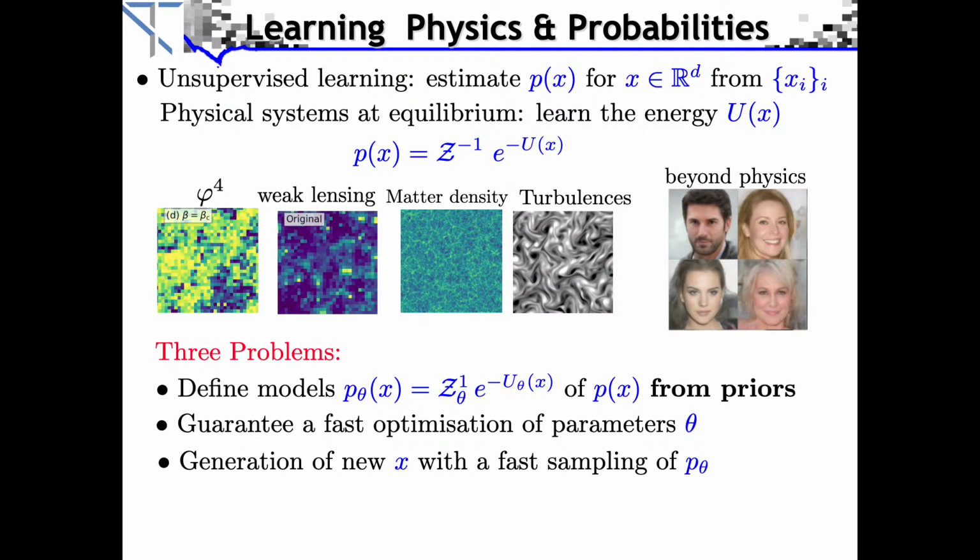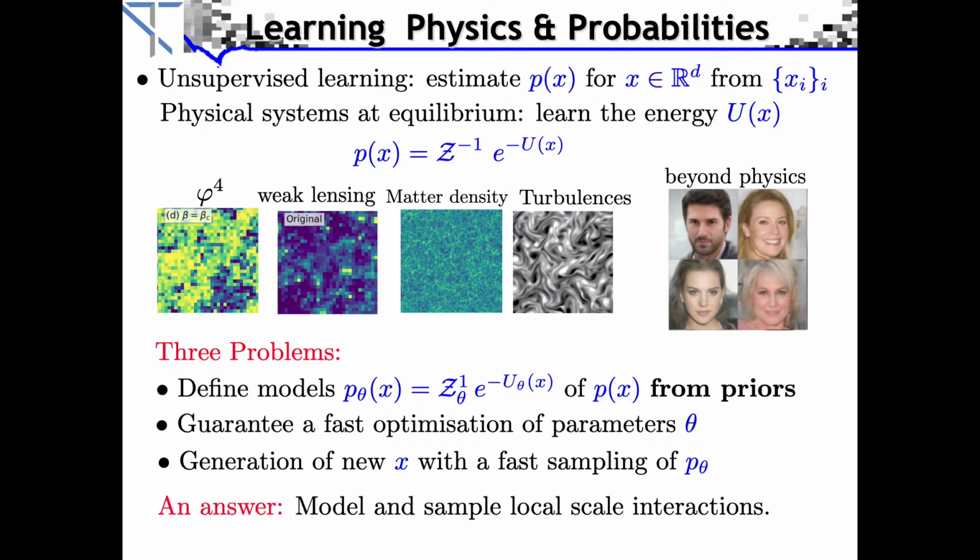The first type of problem is to understand how to do a parametrization of this probability distribution, namely of these energies, from priors that we have, and do so that we can, one, guarantee a fast optimization of the parameters, and two, be able to sample these processes with relatively fast algorithms.